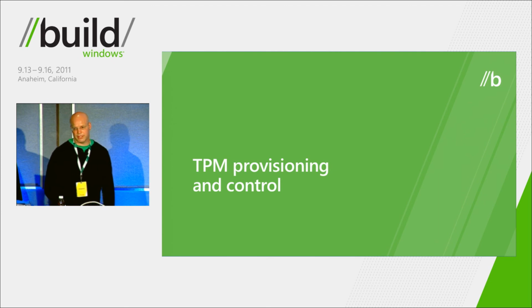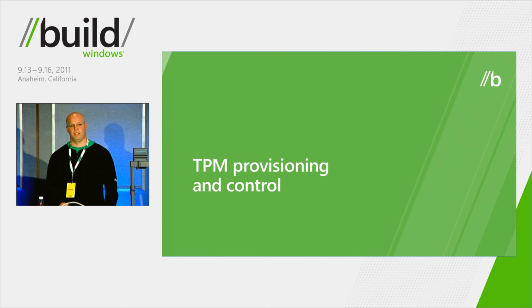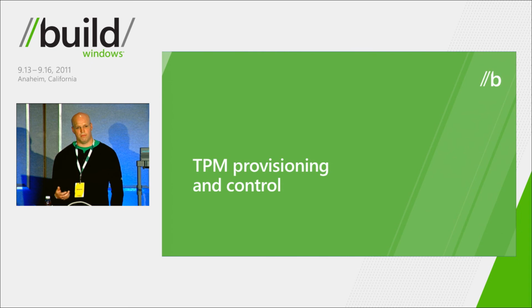Another thing I want to cover is how TPM provisioning and control has changed within the Windows OS. So with TPM 1.2, you may have experienced a process for provisioning where the user has to do something in the pre-boot environment to get the TPM in the right state to do something like turn on BitLocker, for example.